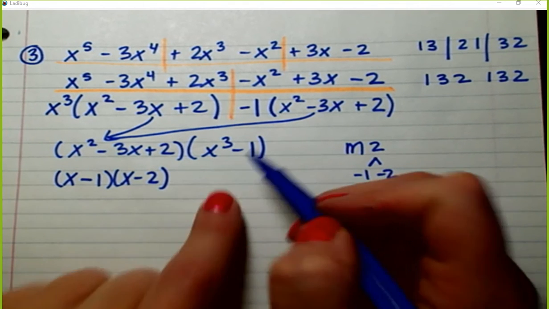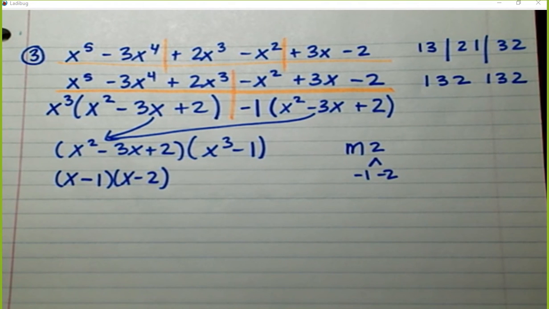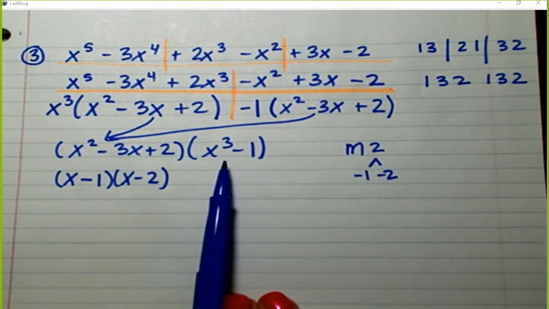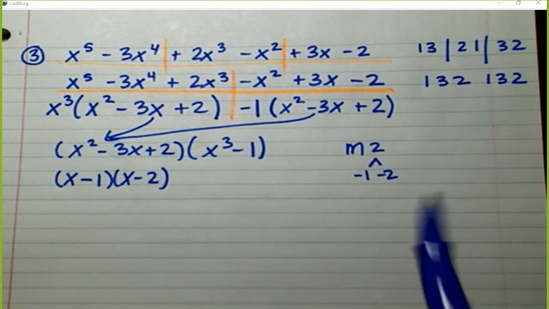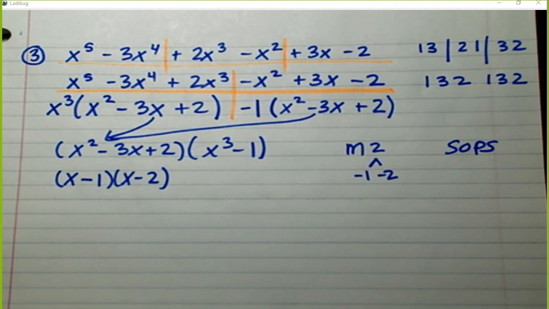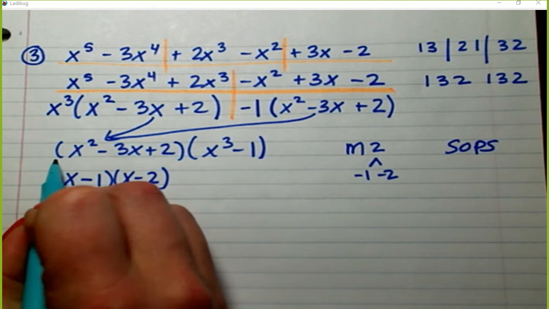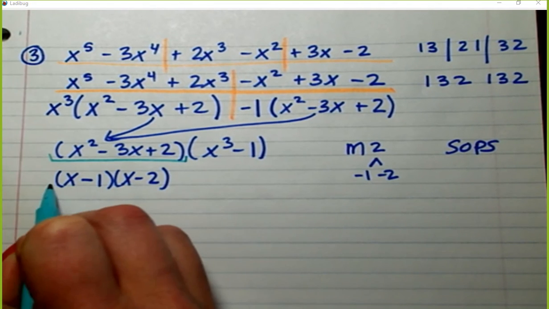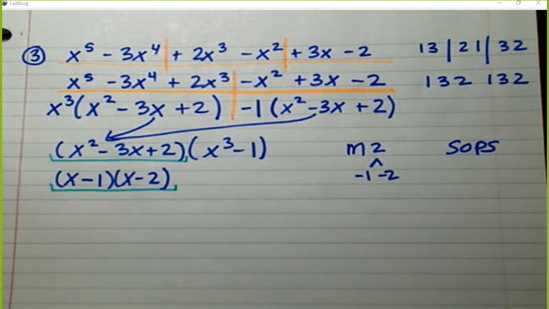And this one, ooh, I got to go back up. Iteration number 3. Perfect cubes. I've got SOPs. So this one here turned into those two factors.